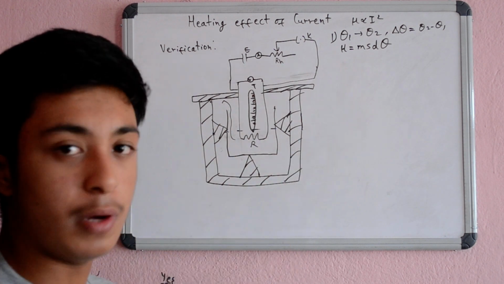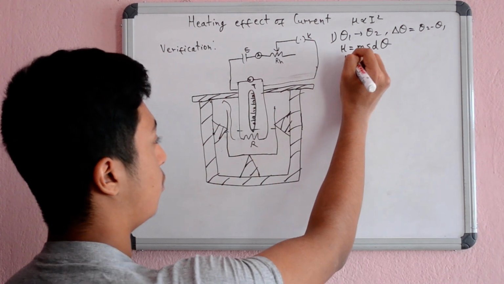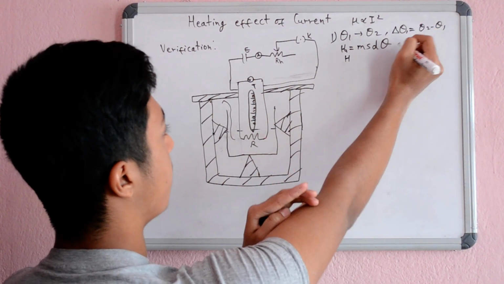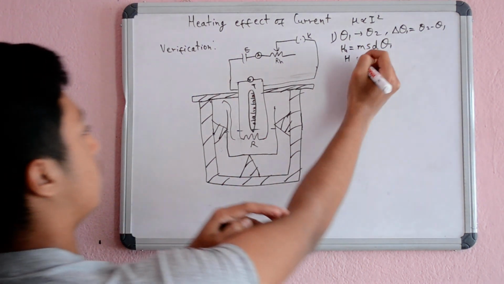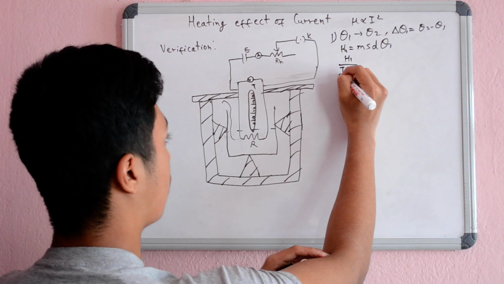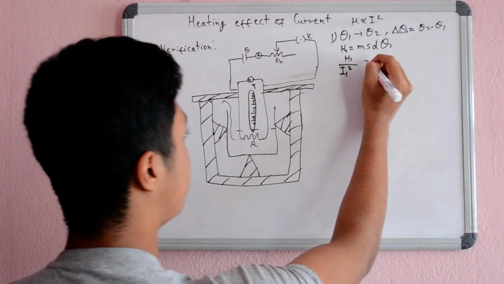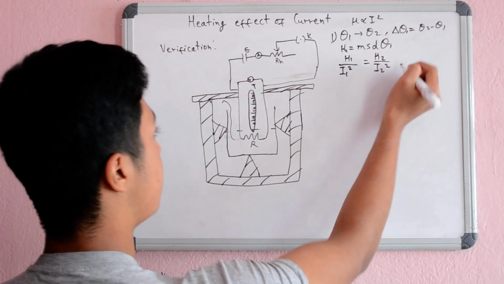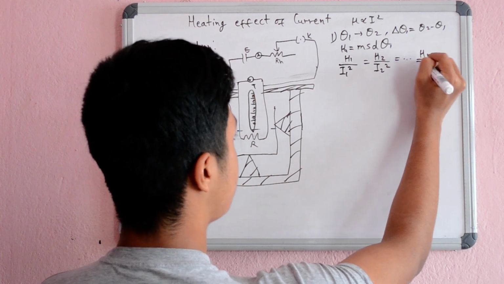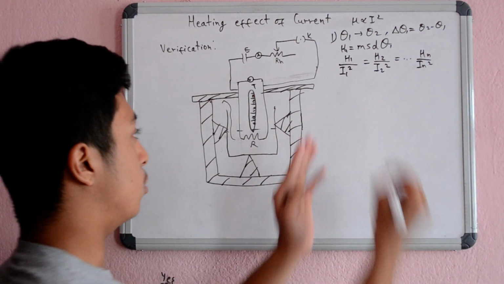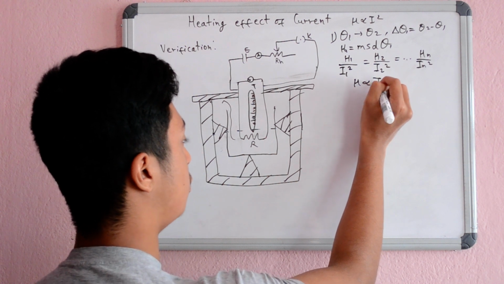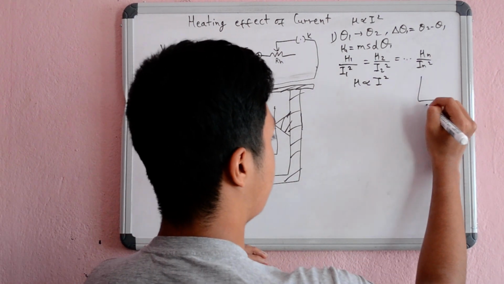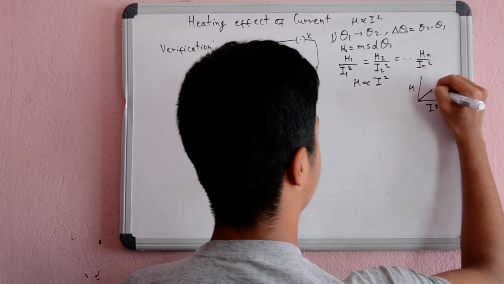Due to the experiment it was found that, let's say this is heat 1 and this is change in temperature 1. The first heat, by the first current passed, was equal to the next heat, that means a different change in temperature for the different current applied, and so on. What this shows is that the heat is directly proportional to the current square. So if we plot a graph between I squared and heat, we get a straight line.